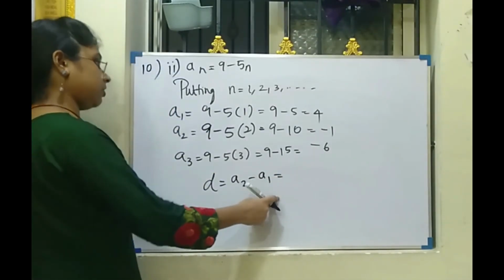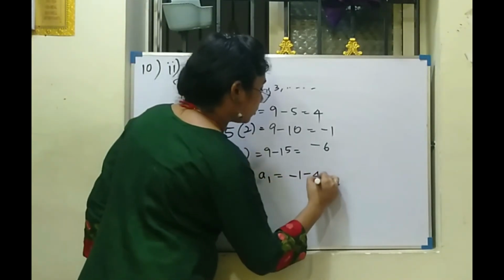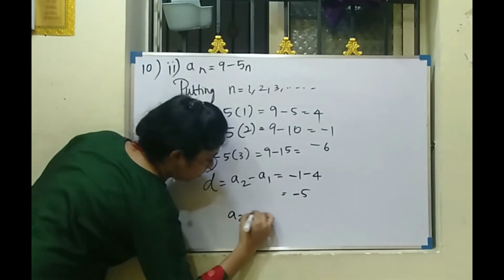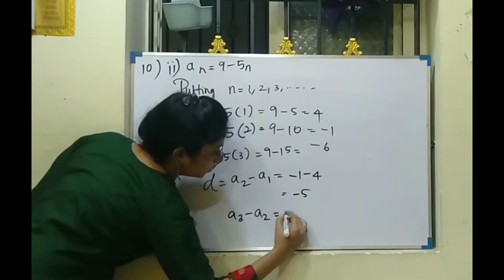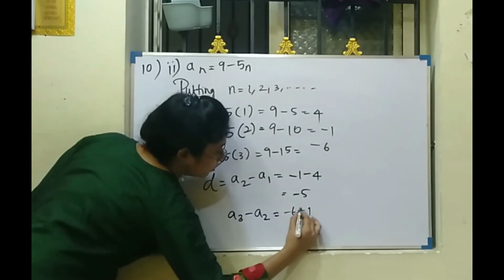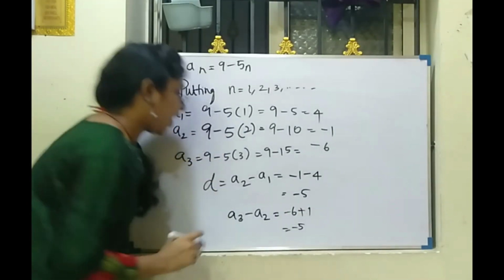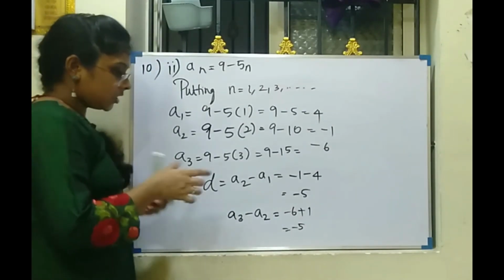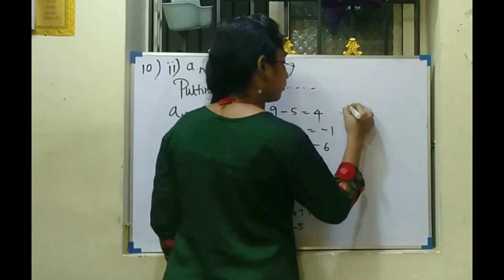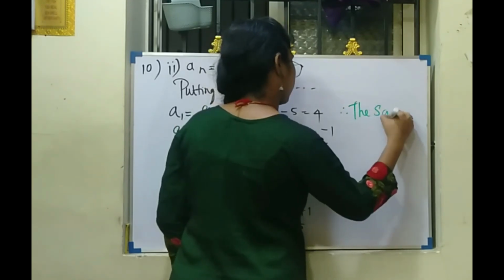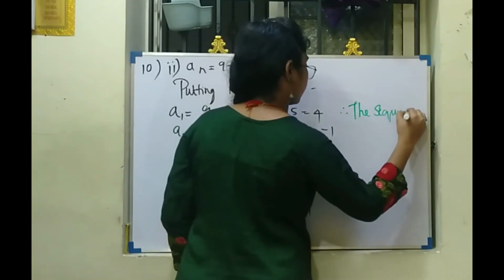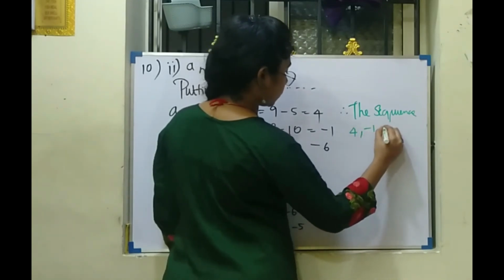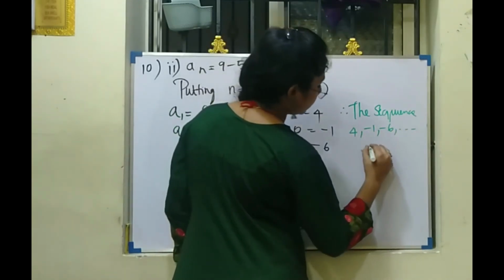A2 minus A1, minus 1 minus 4, which is minus 5. Okay, the value of D is minus 5. Therefore, the sequence 4, minus 1, minus 6 is an AP.